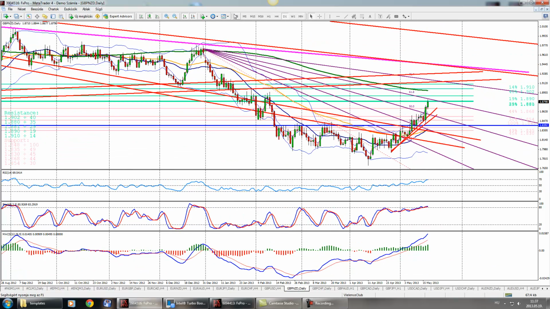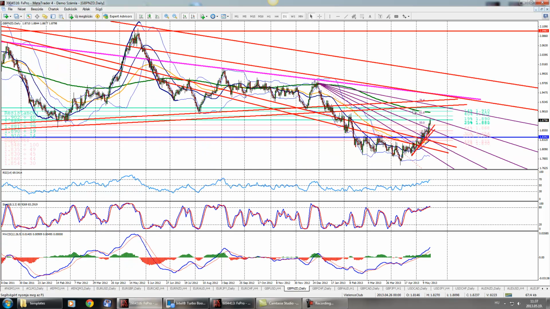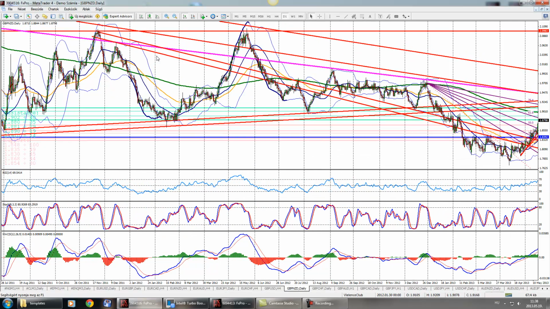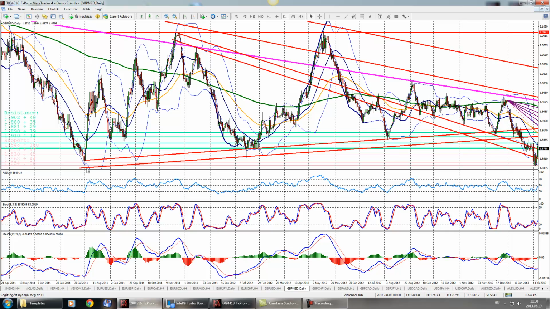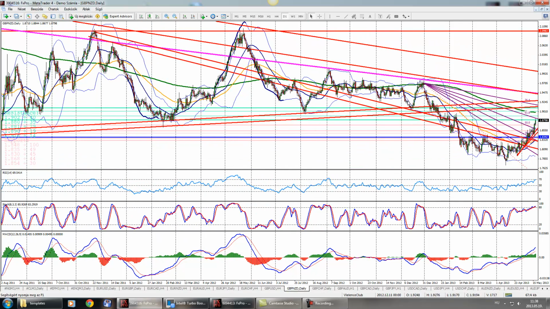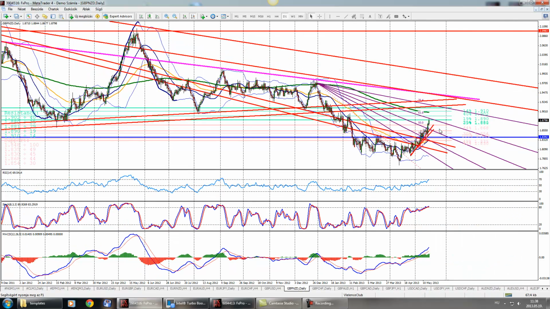Now what can happen? For me, the target is around the 200 moving average, and it is also very possible to retest this parallel uptrend line. You see, this parallel uptrend line is very exact also, so it can retest the 200 moving average and the trend line. That's our last target in the first step, of course.